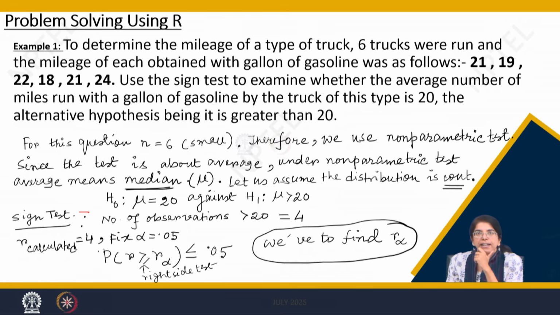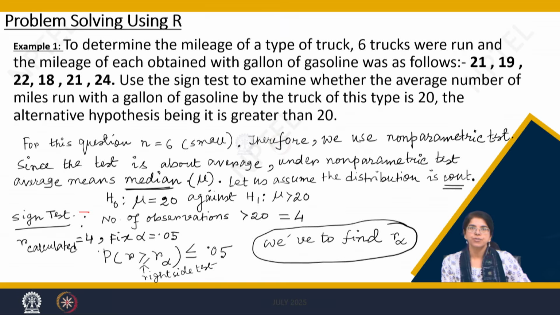To determine the mileage of a type of truck, 6 trucks were run and the mileage of each obtained with a gallon of gasoline was as follows: 21, 19, that means per gallon of gasoline, how much travel one truck can do. So, 21, 19, 22, 18, 21 again. So, repeated observation, mind it. 24.